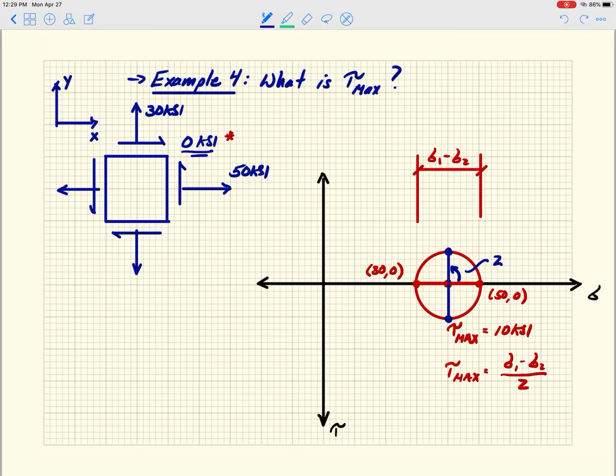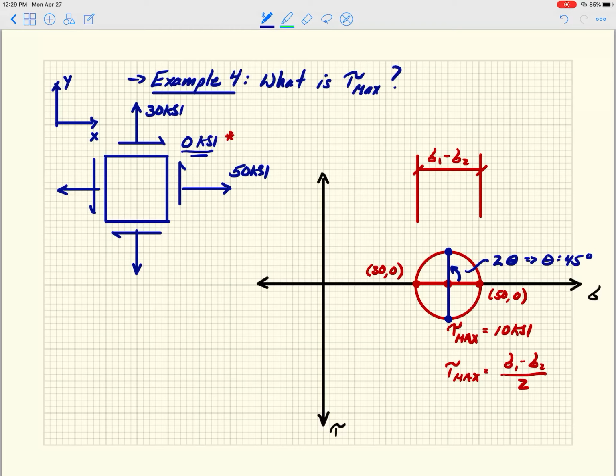I'm not going to call it theta p because we're already at theta p, right? To orient it into principal coordinates would be, theta p would be 0, right? What I want to do is orient this into maximum shear stress coordinates. And there you can see that theta equals 45 degrees, right?